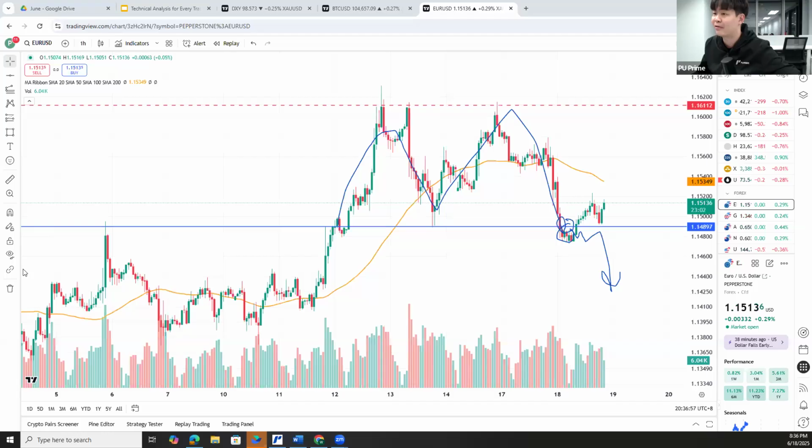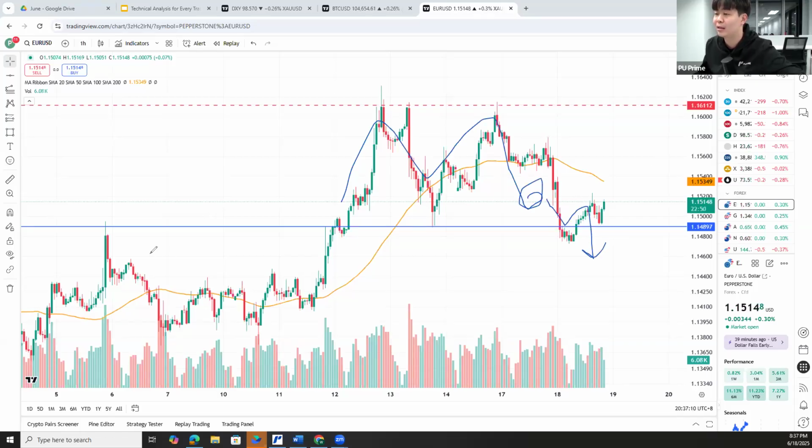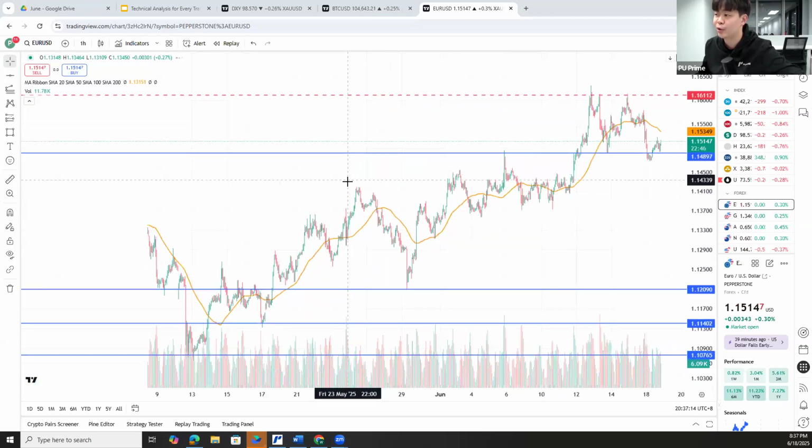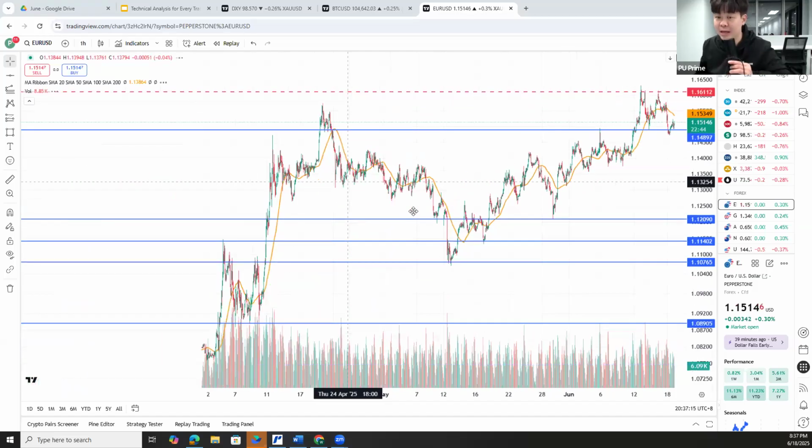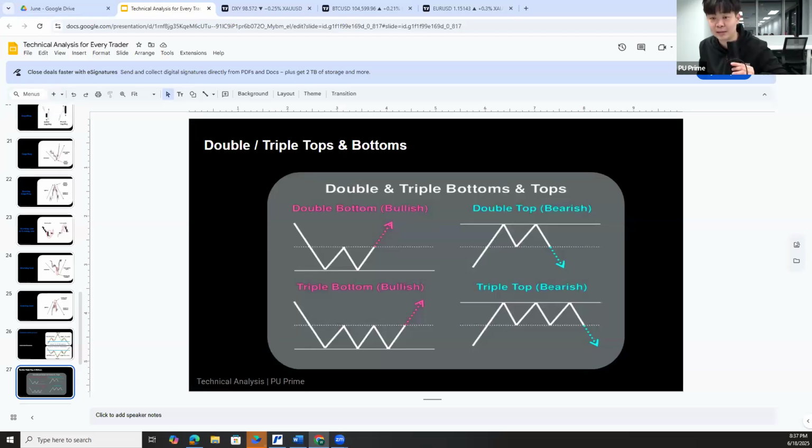But of course, it could also break out and start rebounding. A good example is when the double top is formed, then you wait for the potential breakout. Once the asset successfully breaks below the double top, then the chances for it to continue its trend should be higher.